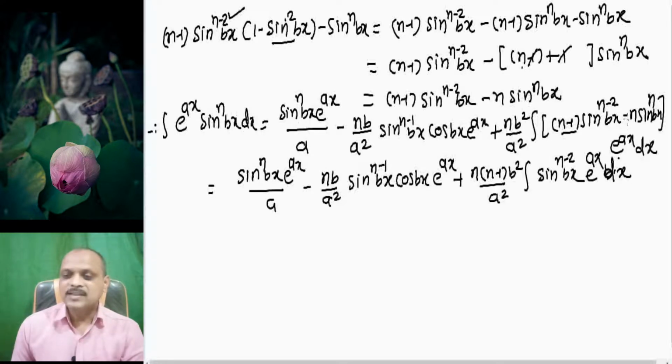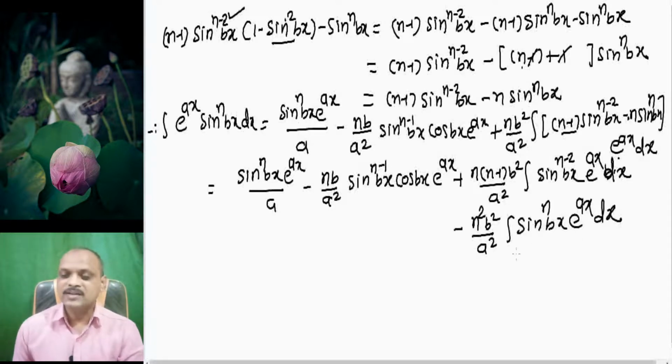Then next minus n, and this will be minus n square b square divided by a square, this n and this n, integration of sin raised to n into bx e raised to ax into dx.